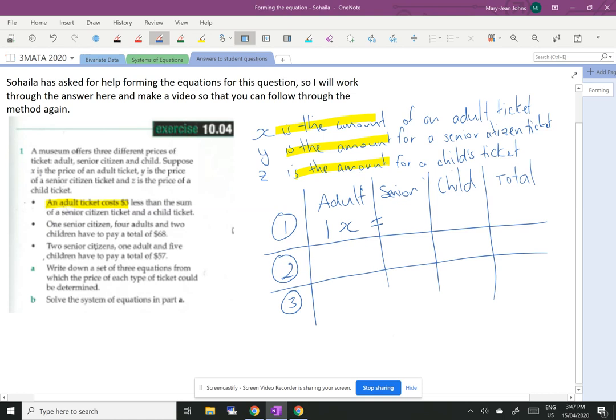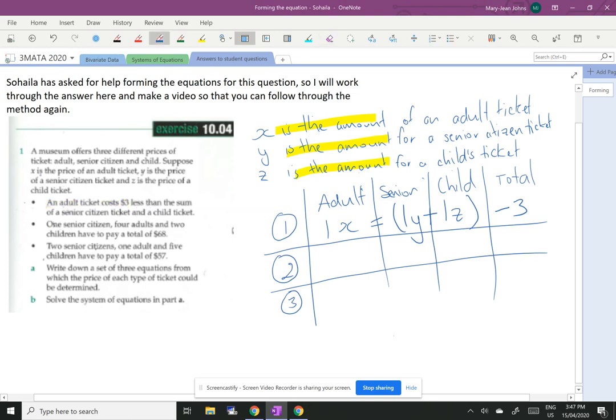Costs $3 less than. Three less is minus 3. Then the sum means that I've got to add. So I'm going to add those together of a, so one senior citizen and one child ticket. That's kind of a different one. Remember I told you I would help you with negatives, and here's one of them.